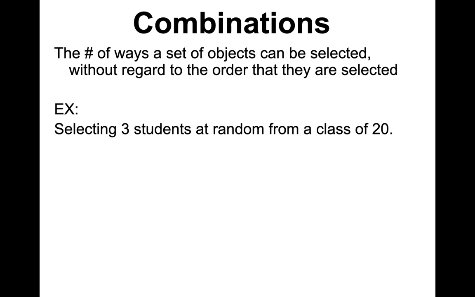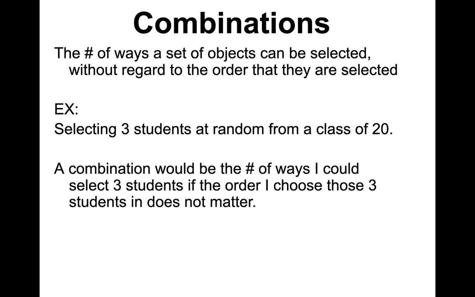So an example would be selecting 3 students at random from a class of 20. If I had 20 students in a class and I put all their names in a hat and wanted to select 3 at random, a combination would be the number of ways I could select 3 students from that group of 20 if the order I chose those 3 students in did not matter.